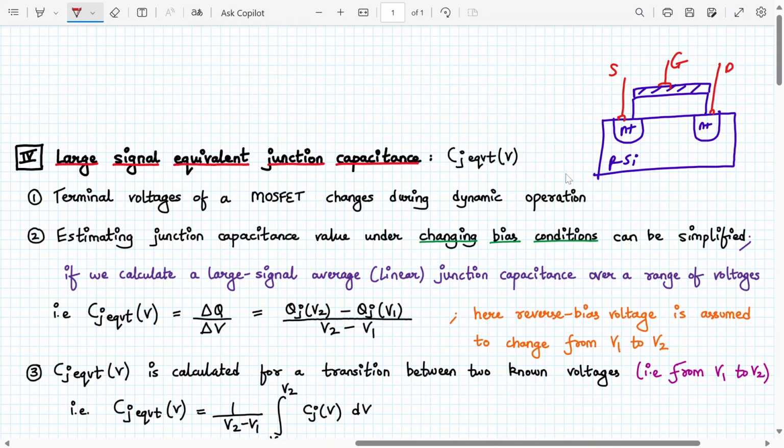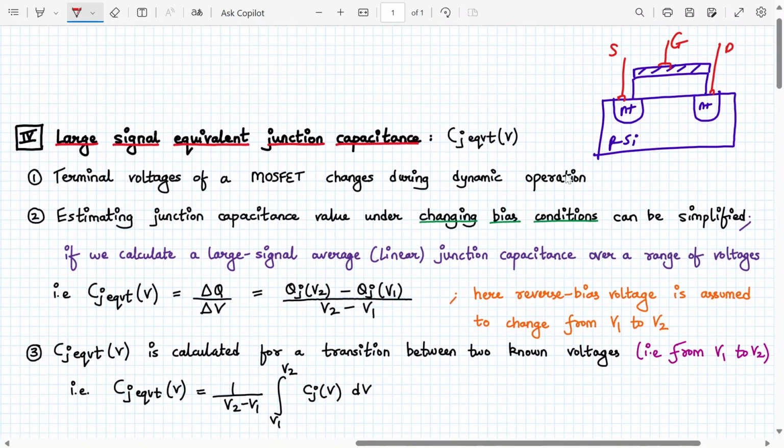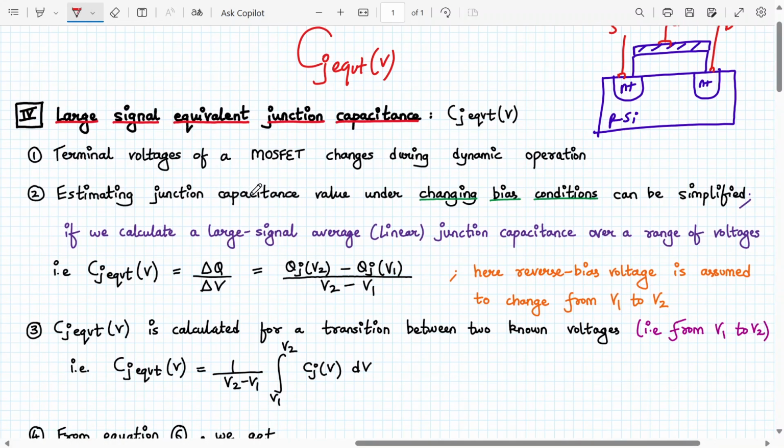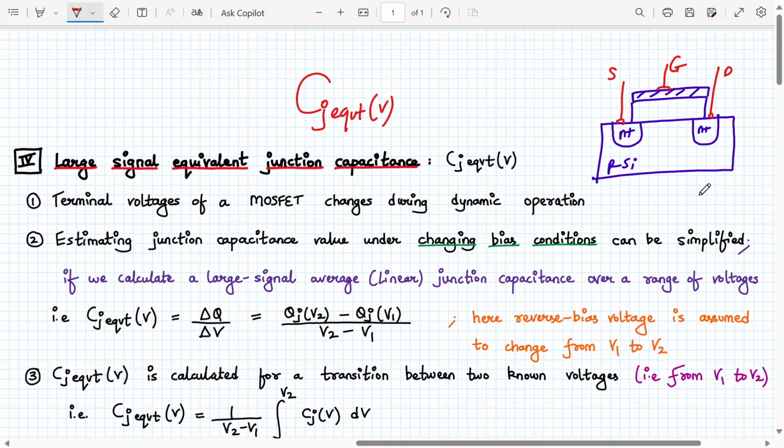So the terminal voltages change during the dynamic operation of the MOSFET, and we are finding the large signal equivalent junction capacitance Cj. We are estimating the junction capacitance under varying bias conditions. Let's say the reverse bias voltage VDS which we apply is changing from 1 volt to 2 volt. This is a large signal change, not a small signal change.